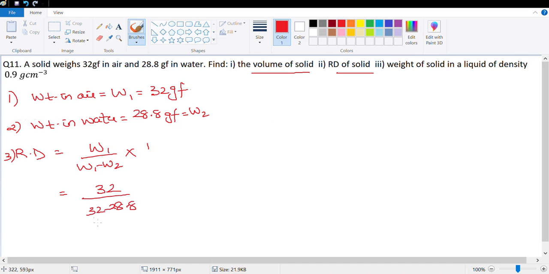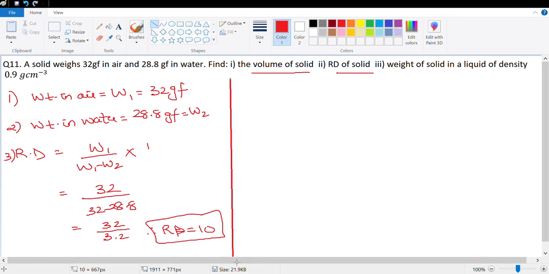This is equal to 32 upon, that's 3.2. Therefore, RD is equal to 10. So the first part of the question, which is find the RD of the solid, done. RD of the solid is 10. Next part of the question, find the volume of the solid. So this was part 1. Let's look at part 2.